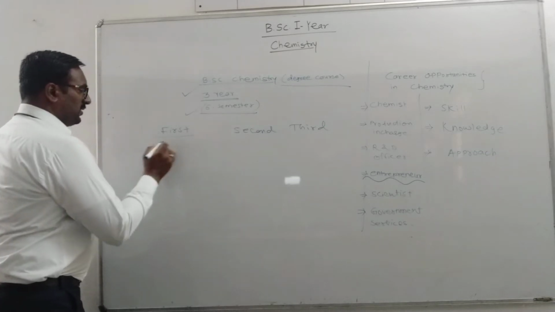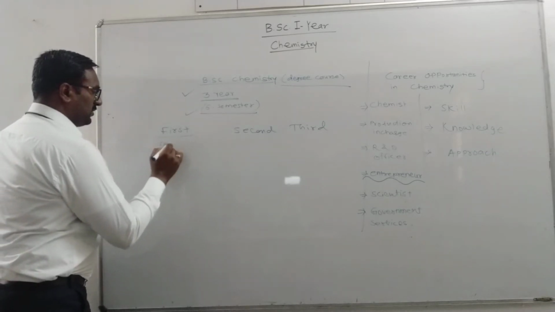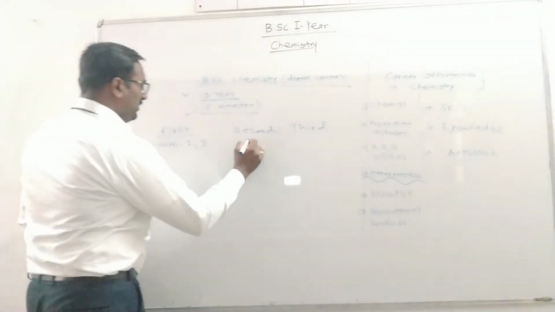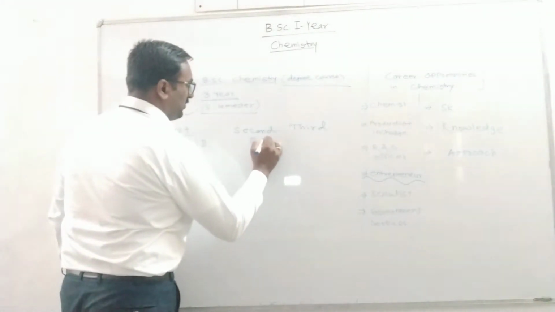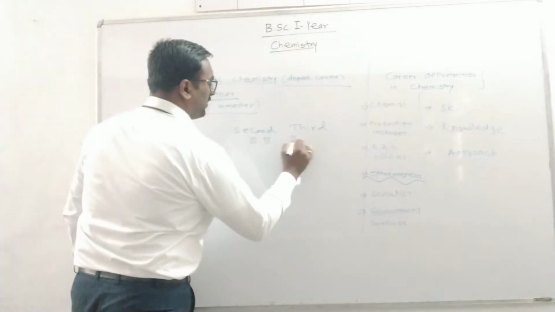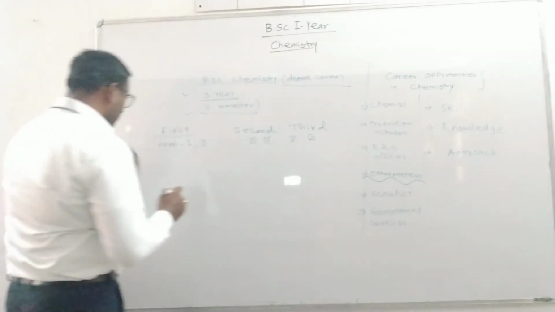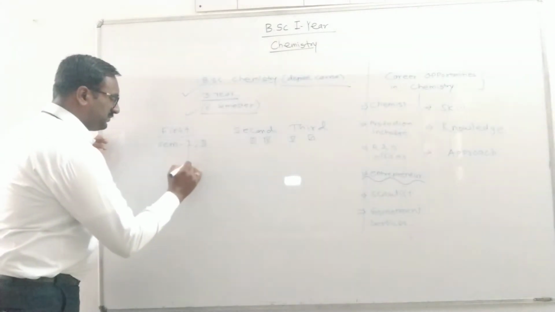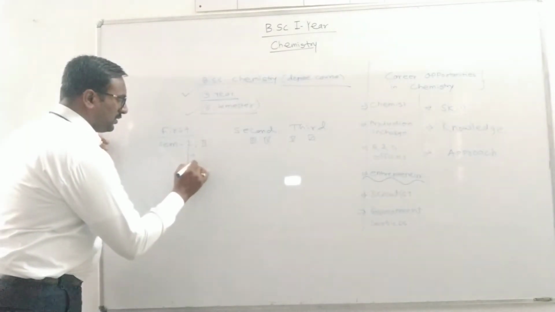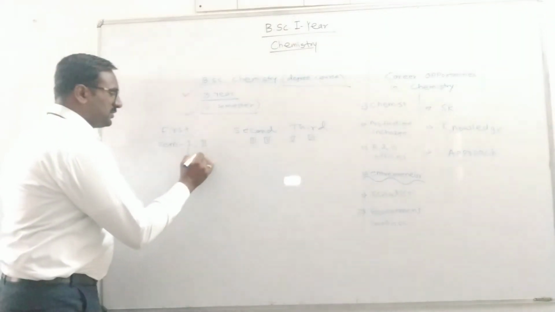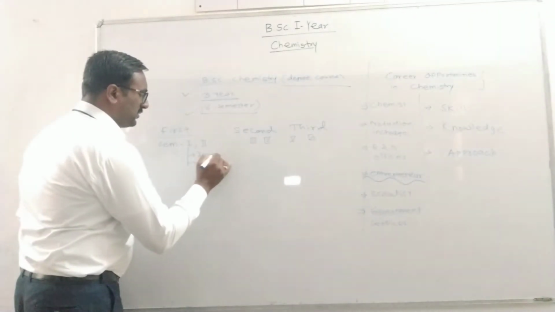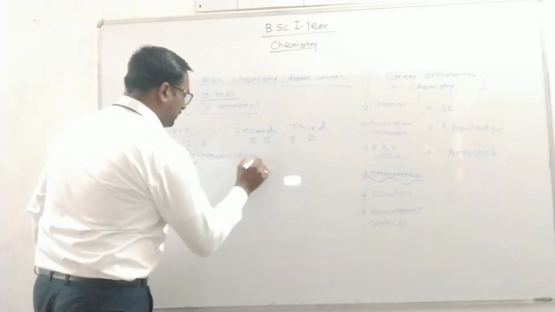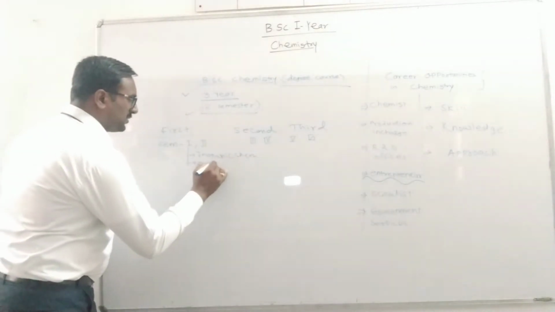In first year there are 2 semesters, semester first and second, then third and fourth, fifth and sixth, isn't it? In first semester, there are 2 theory papers, inorganic chemistry and organic chemistry.